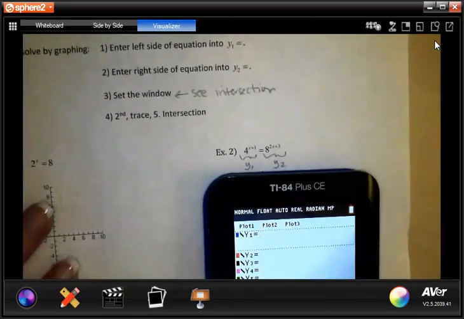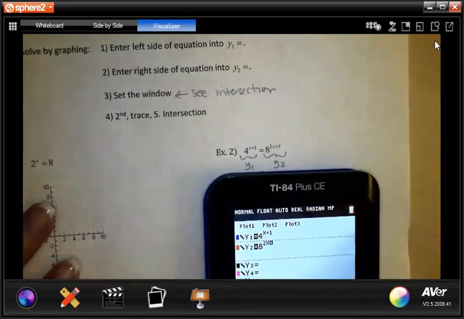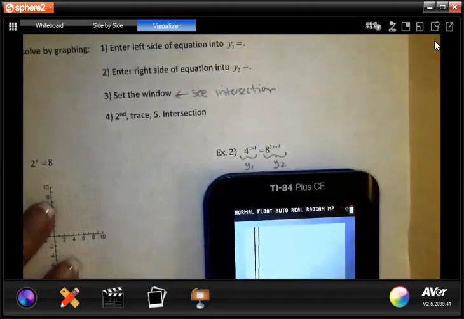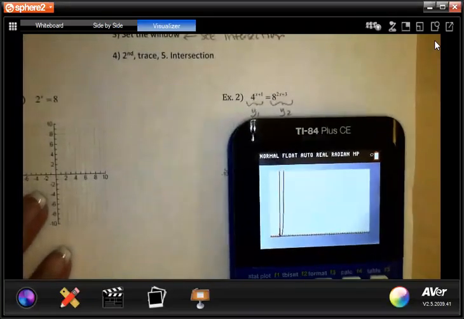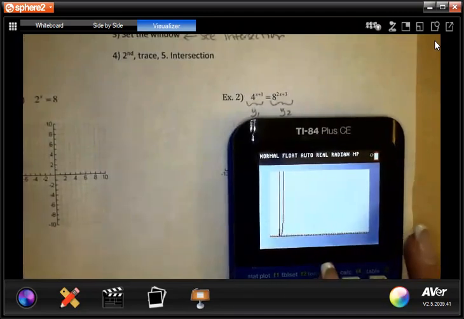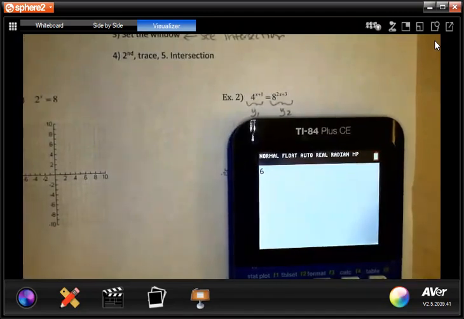And so, for example, here I would do 4 to the x plus 1 and 8 to the 2x plus 3. I hit graph. There's my first one. There comes my second one. Now my window is way big here, so I could make this smaller. I'm going to go ahead and hit zoom 6, which takes us to the standard window.